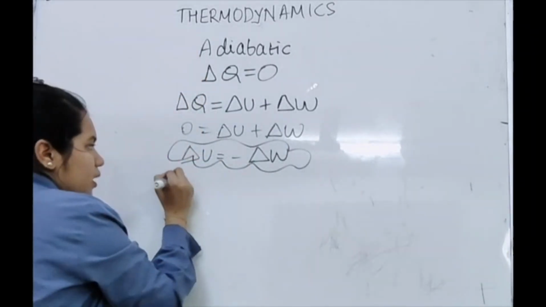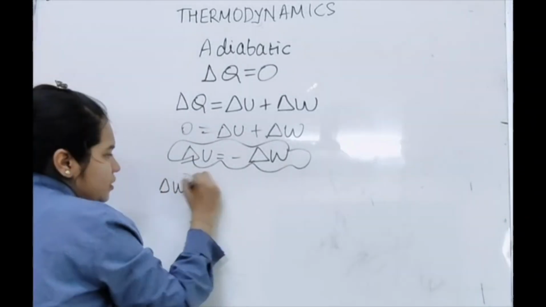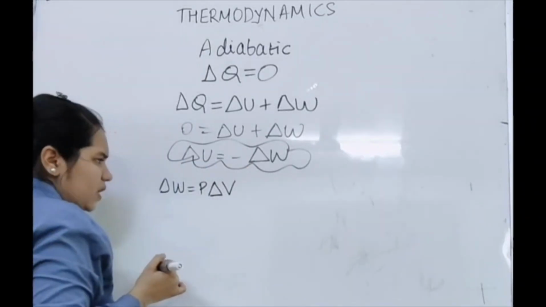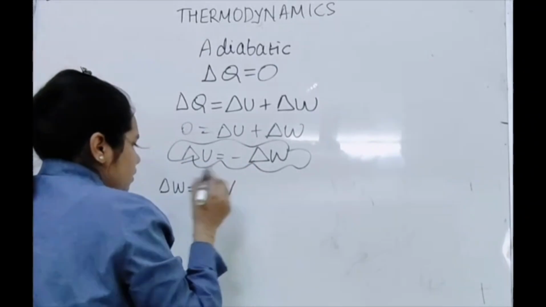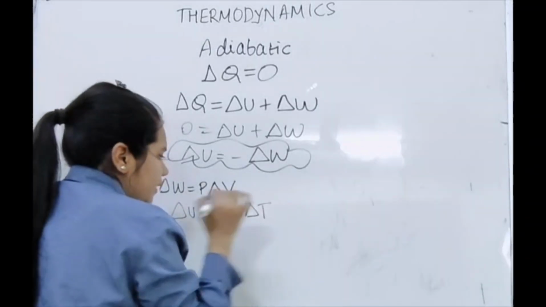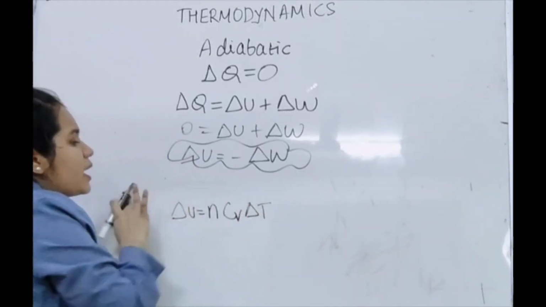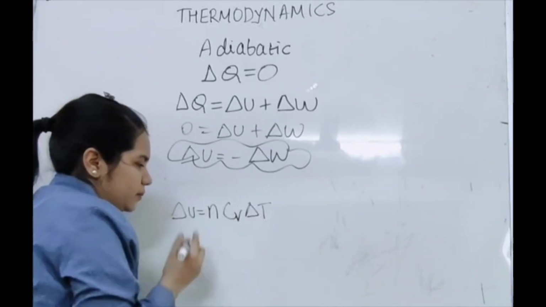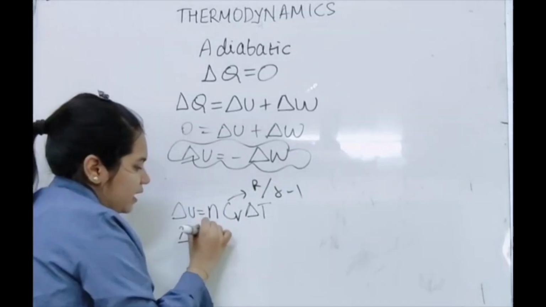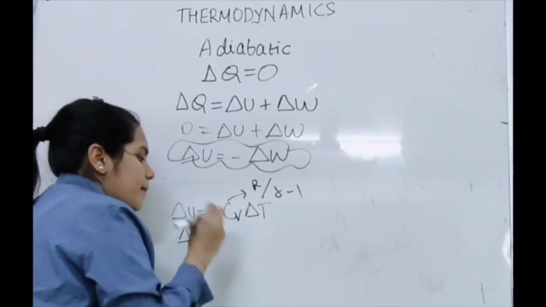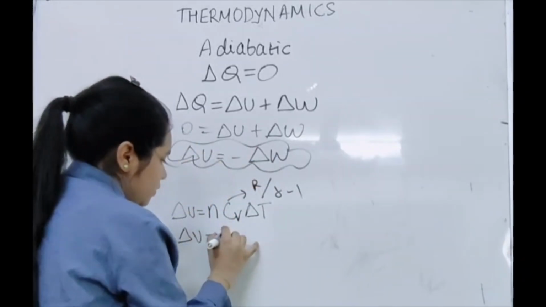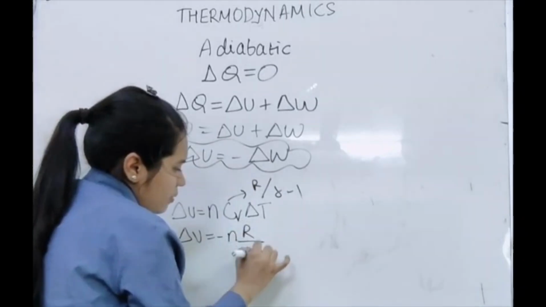Okay, let's go. What is delta W? Delta W equals P delta V, right? So delta U equals n Cv delta T. Cv we know is R by gamma minus 1. So delta U equals nR delta T by gamma minus 1.